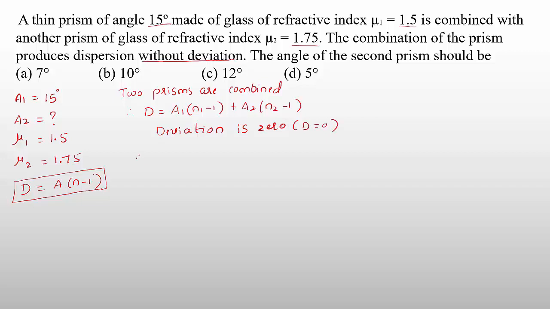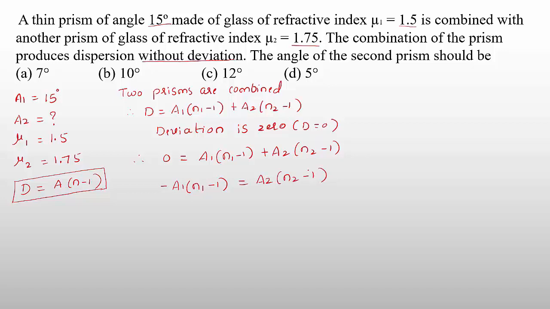Therefore the above equation we can write it as 0 equal to A1 into N1 minus 1 plus A2 into N2 minus 1, or we can write it as, so we can take A1 on LHS side, minus A1 into N1 minus 1 equal to A2 into N2 minus 1.